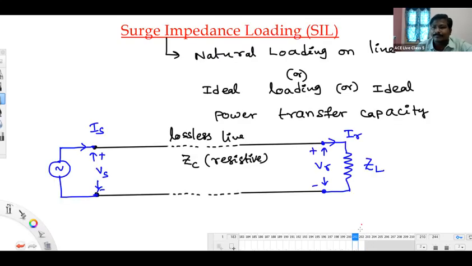Next thing. From this point onwards, anywhere in the discussion, if I ask you what is the loading on the transmission line, that is nothing but the amount of power consumed by the load kept at the receiving end side, which is VR square by ZL.